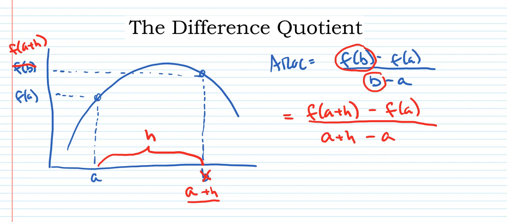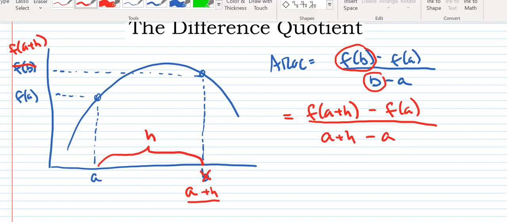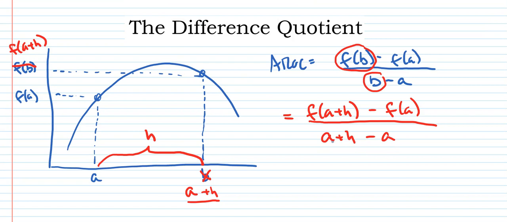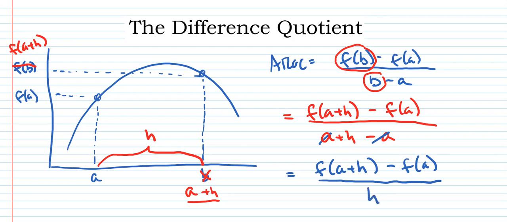You'll notice that the A's down here will cancel out. And so what we're left with is the function value at A plus some value H minus f of A all over H.